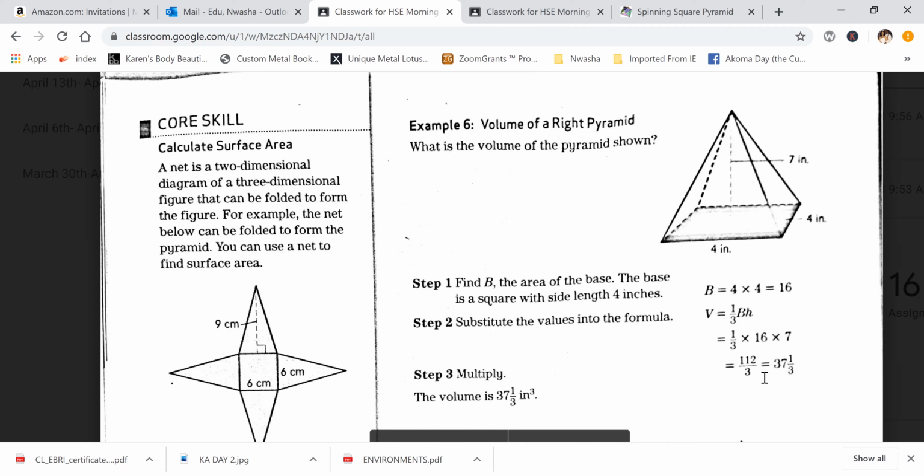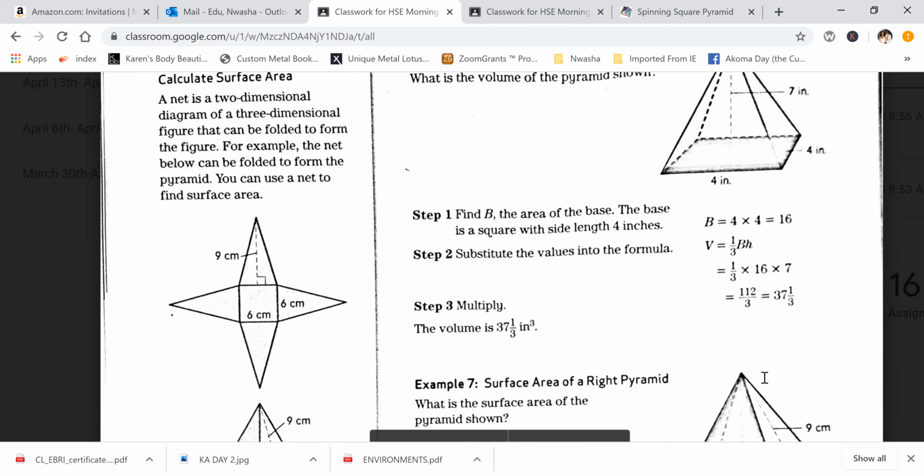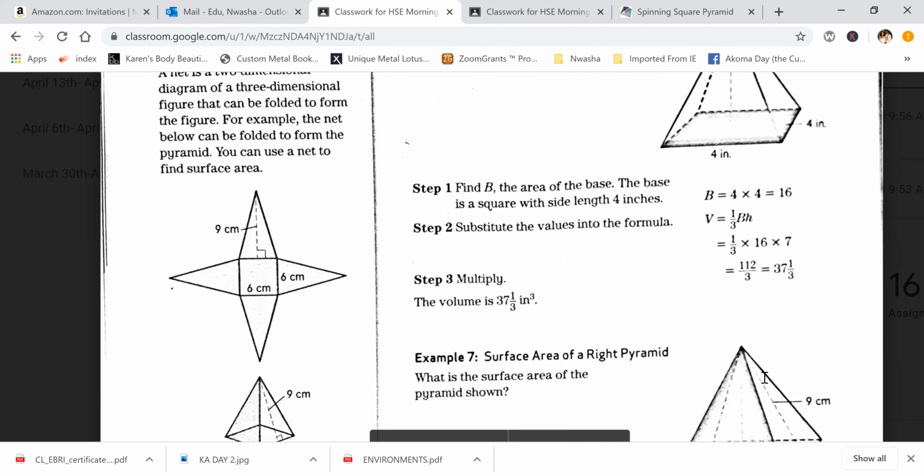So it's just 4 times 4 is 16. Now that you know the base, you can substitute that into the formula. The height is 7, and the base of the pyramid is 16. So now you're doing 1/3 times 16 times 7. And you get 37 1/3.